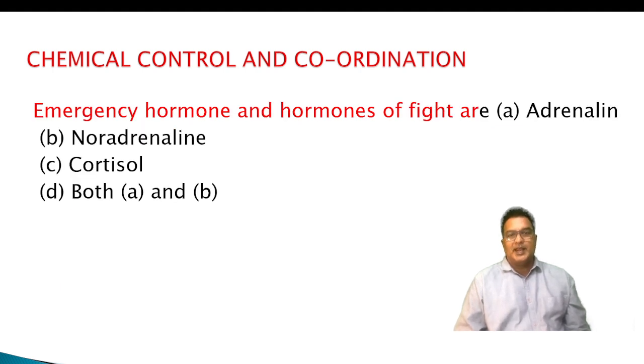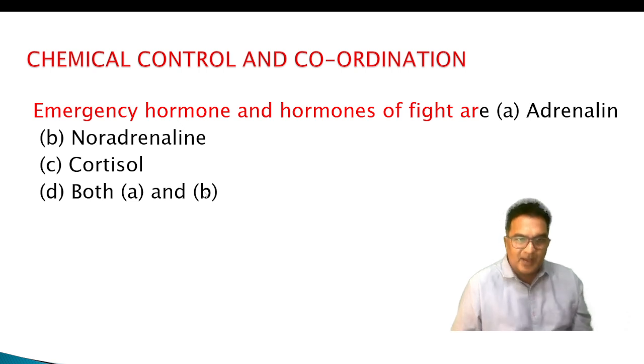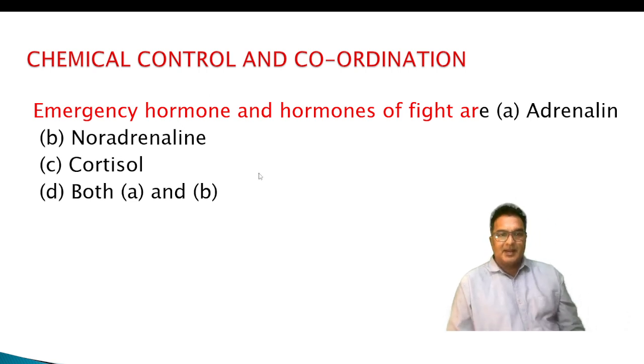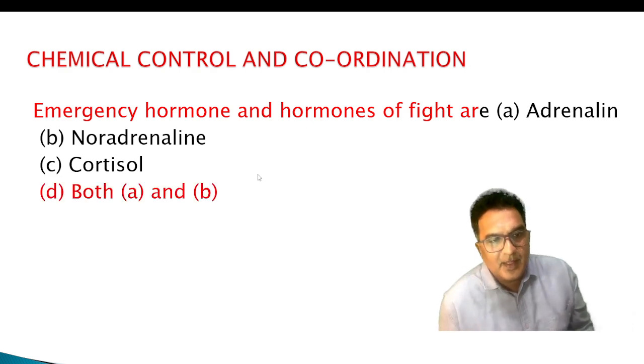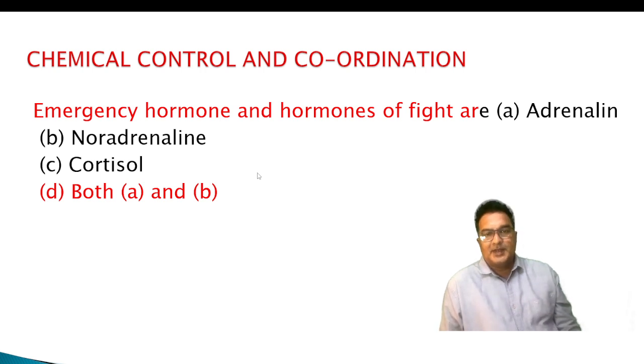Emergency hormones and hormones of fight are adrenaline, noradrenaline, cortisol, both A and B. Here it is: adrenaline and noradrenaline both are said to be the fight, flight and fright hormones.